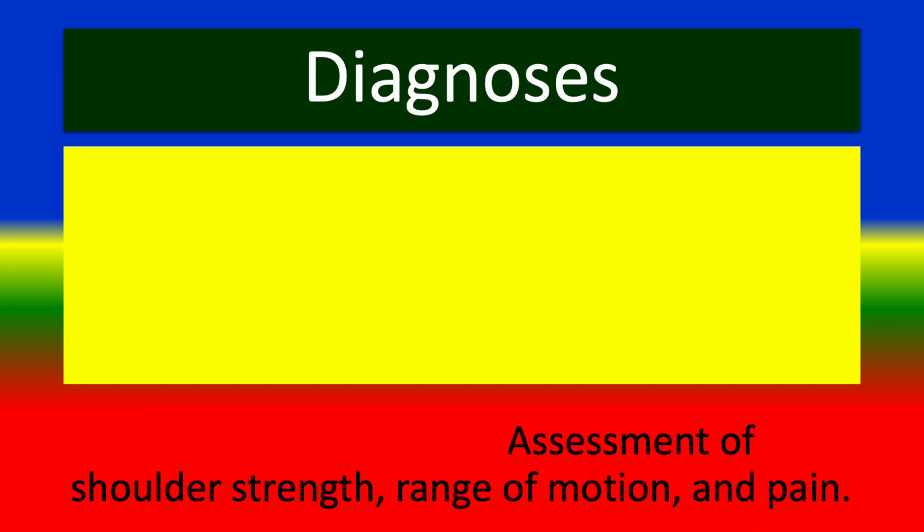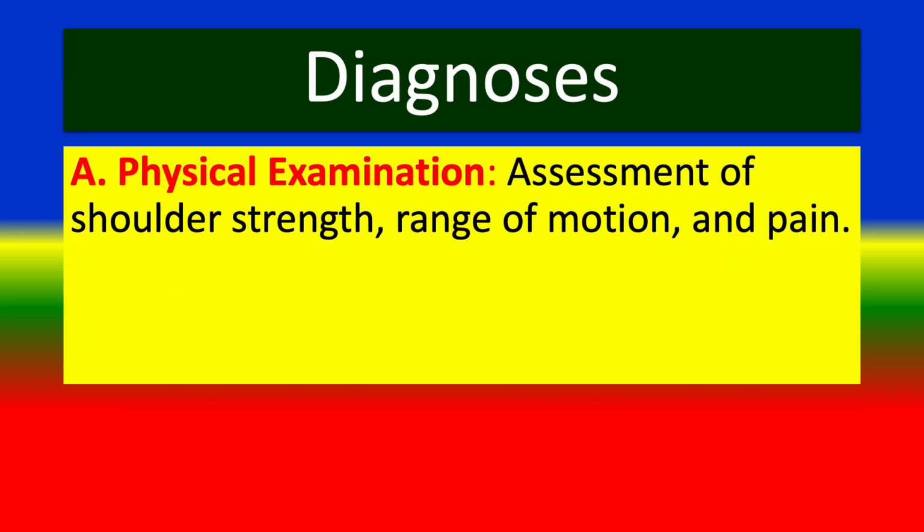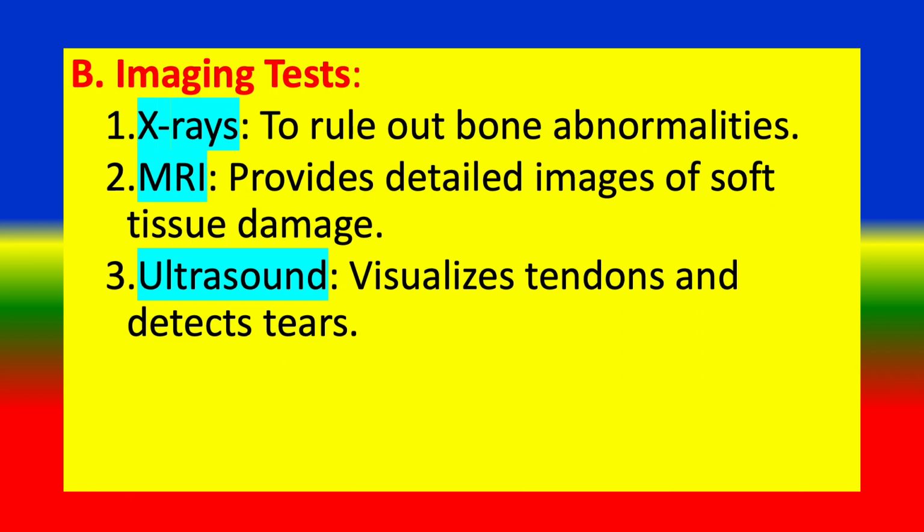Diagnosis. A. Physical examination, assessment of shoulder strength, range of motion and pain. B. Imaging tests. 1. X-ray to rule out bone abnormalities. 2. MRI provides detailed images of soft tissue damage. 3.